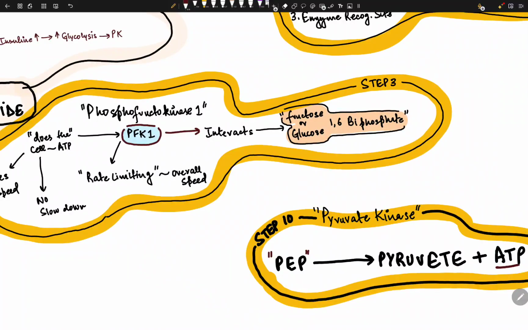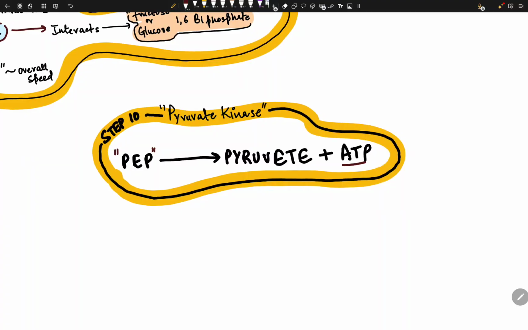And the last one is pyruvate kinase. What is pyruvate kinase doing? It just harvests the ATP and finishes glycolysis. So each irreversible step represents a decision in this metabolic story. It's not just chemical, blah, blah, blah, right?